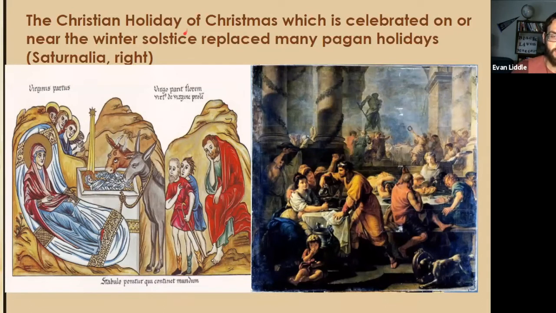But what the Western Church, the Catholic Church, eventually settled on was December 25th, which we know as Christmas. The other Christian churches usually have dates somewhere around there. Some of the Eastern churches have it a little bit later in January, but nonetheless, this December date was chosen.